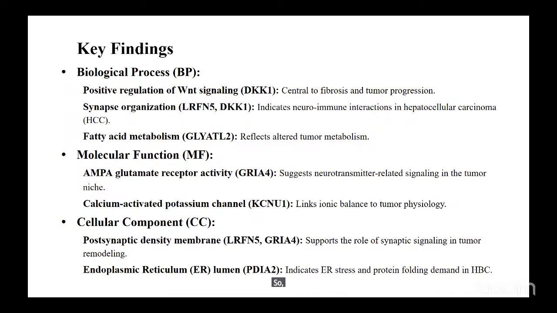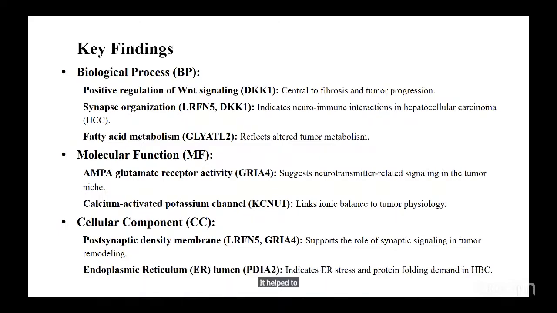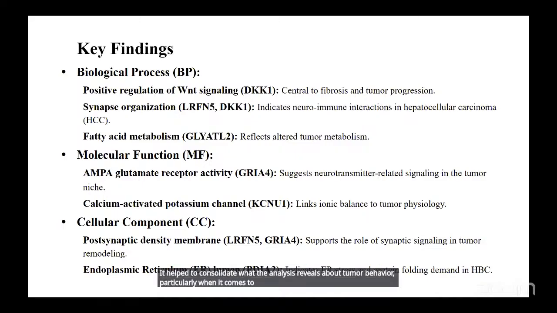So the key findings derived from the gene ontology analysis brought together the most relevant biological processes, molecular functions, and cellular components. It helped to consolidate what the analysis reveals about tumor behavior, particularly the strong involvement of WNT signaling, metabolic shifts, and neuroimmune crosstalk.